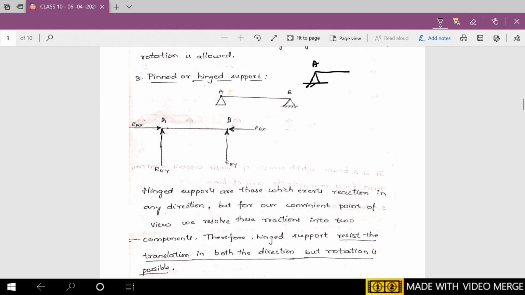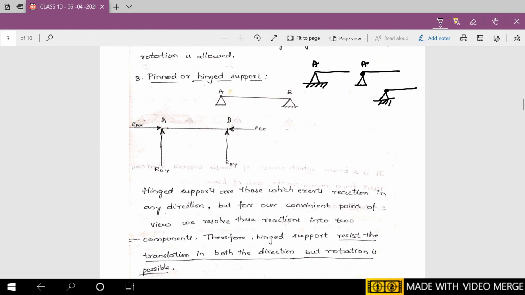There is no roller, only a direct hatch like this. Or else there may be a pin or a circle and a triangle. This is also called a pin joint. Or else there will be a point, triangle, and hatch. All these representations are nothing but hinge or pin representations.